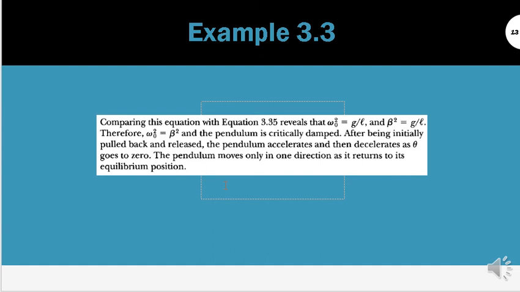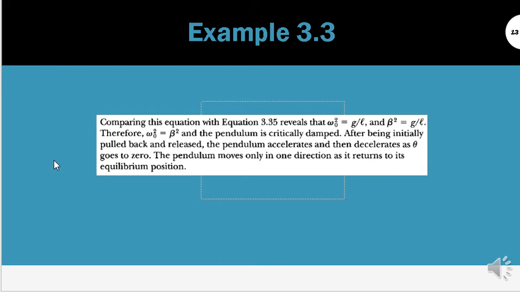From the discussion of our instructor, she showed that for the underdamped situation, after you release the oscillating body, it will oscillate and reduce its magnitude before it goes to zero.